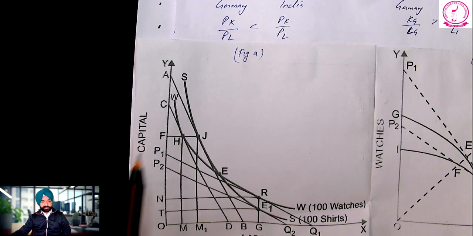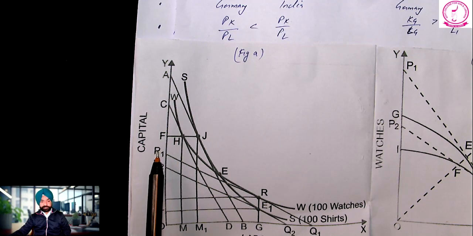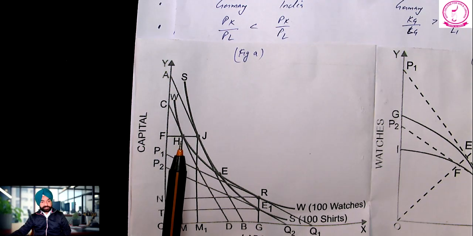Now, if we take the case of Germany first, Germany is producing at these two points, H and J, and we have to see at which point they are in equilibrium.